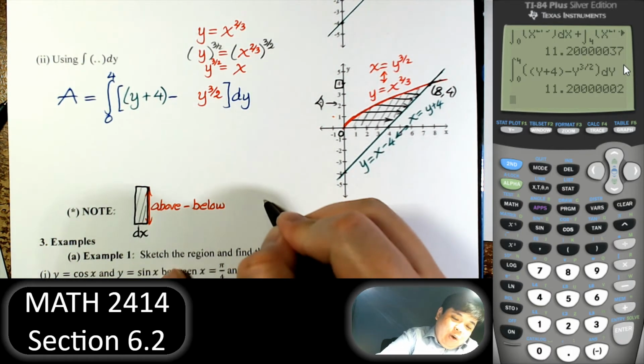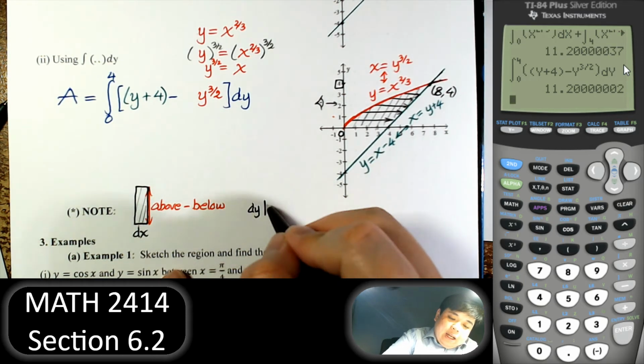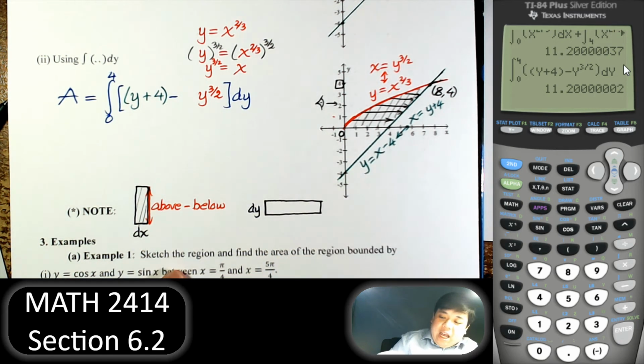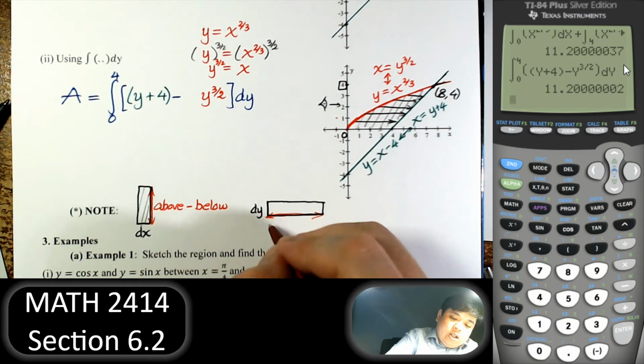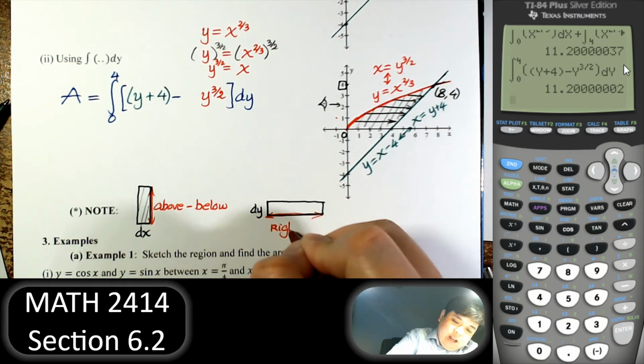Now, likewise, if we use dy, that is going to be vertical. Dy is vertical. If we want this area, we're going to need this measure, which is the one on the right minus the one on the left.